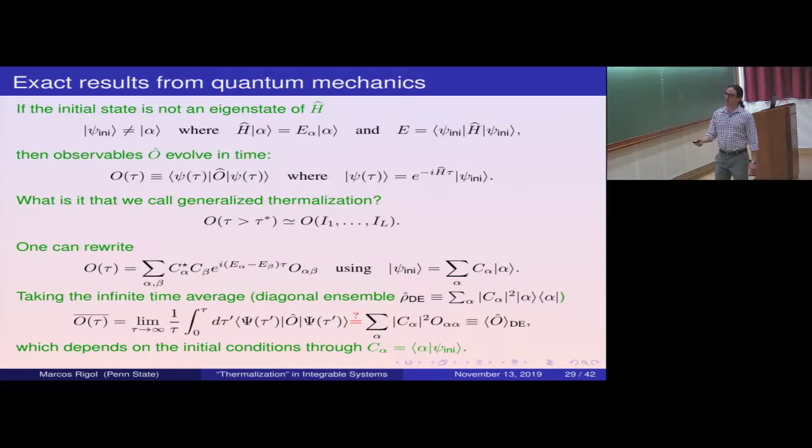And for that infinite time average, here you see the question mark, I'm going to tell you why. If you don't have degeneracies, and that's back to Peter's question, which is generally the case for quantum chaotic systems, mostly the interacting ones, but this is mappable to non-interacting ones, so that's why the question mark. If you don't have degeneracies, the infinite time average kills the contribution from the oscillating terms, so you get something that is diagonal, okay?